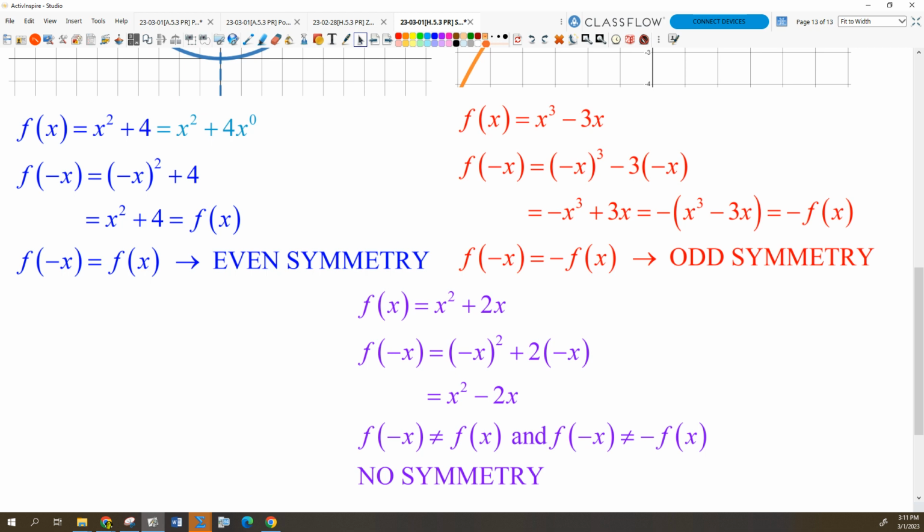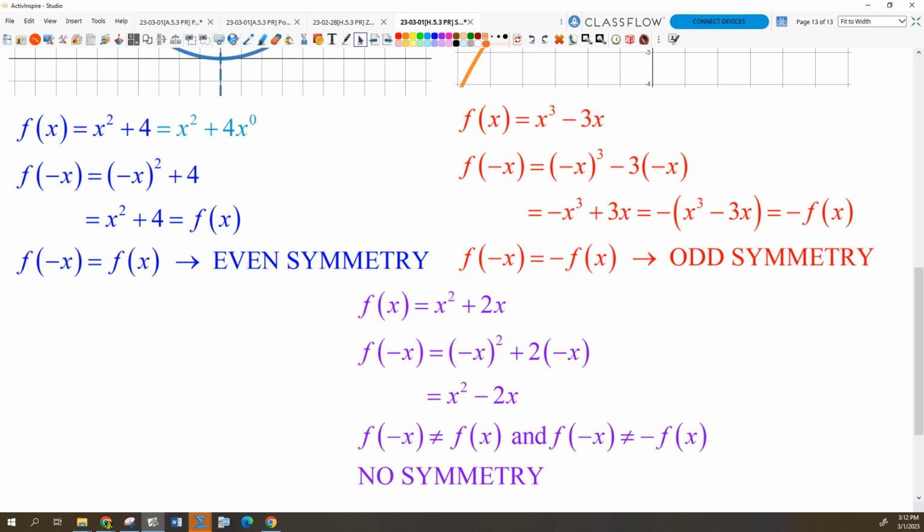So I end up with f of negative x is the quantity negative x squared plus 4. Well, what is the quantity negative x squared? That's just x squared, isn't it? Because I'm going to have to square the negative 1, which makes it positive, and square the x. So I just get back x squared plus 4, which is my original function, right? So f of negative x ended up being the same thing as f of x, which means it's even symmetry.